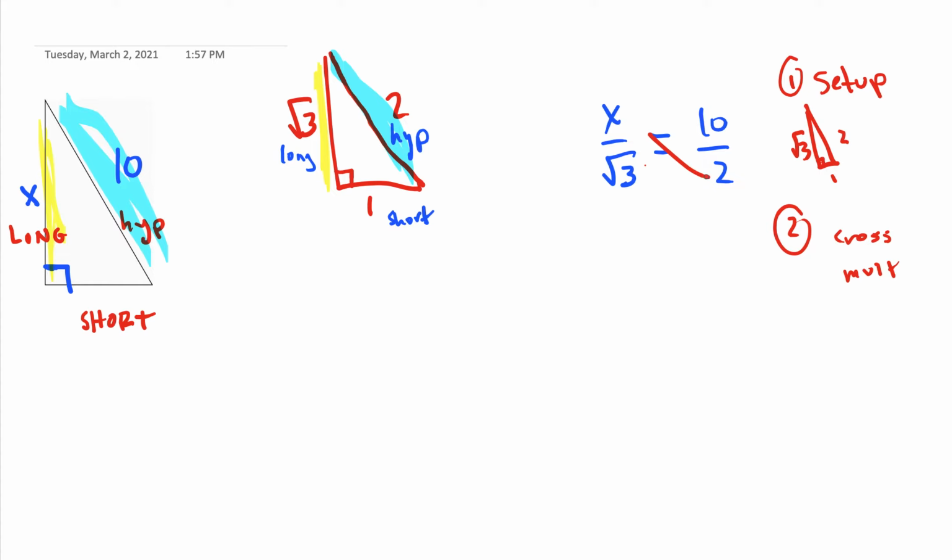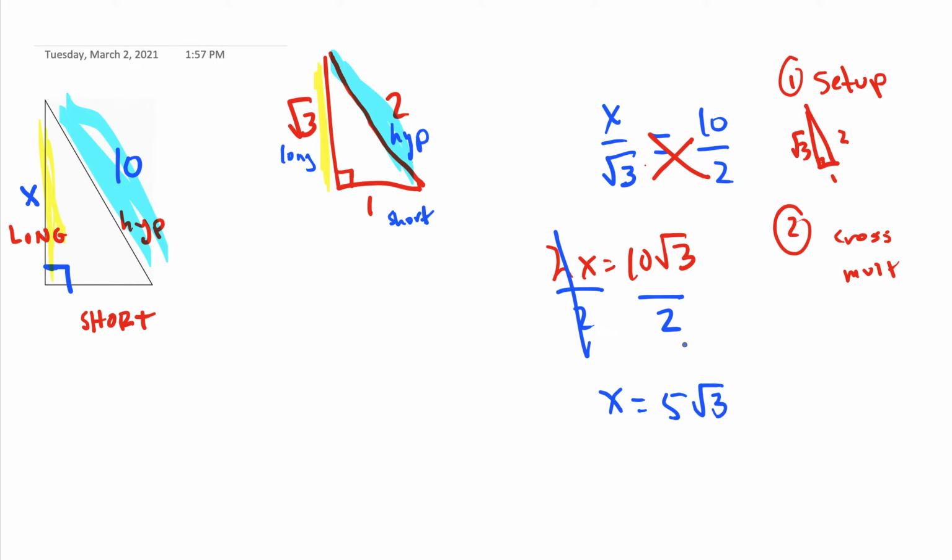We should know we multiply this way, 2x equals this way, 10 times radical 3. And we want to get x by itself. We do the opposite, we divide. X will equal 5 radical 3 because 10 divided by 2 gave us 5. The 2 cancels out.